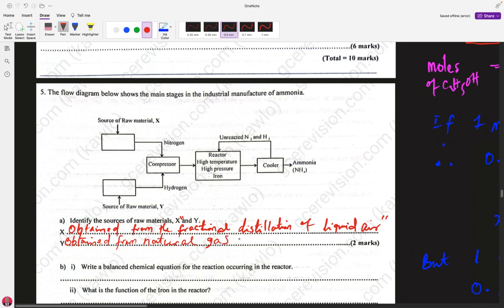We are talking of hydrocarbons by cracking. So when there's cracking of hydrocarbon, cracking is the breaking down of large molecules of hydrocarbon at high temperature into smaller ones. So now that is cracking.